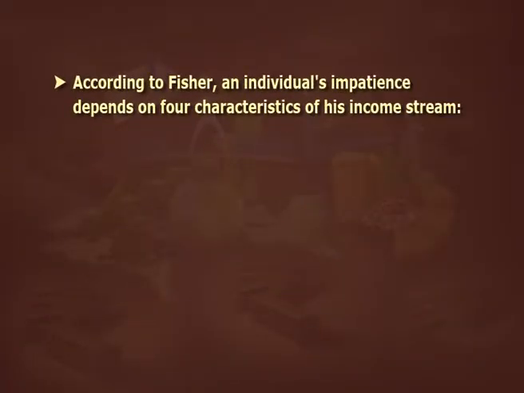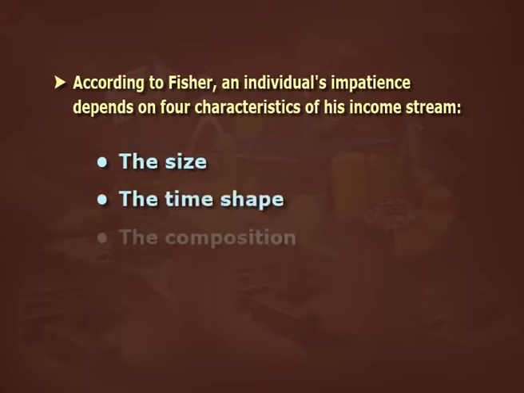According to Fisher, an individual's impatience depends on four characteristics of his income stream: the size, the time shape, the composition and risk. Besides this, foresight, self-control, habit, expectation of life and bequest motive or concern for life of others are the 5 personal factors that determine a person's impatience, which in turn determines his time preference.